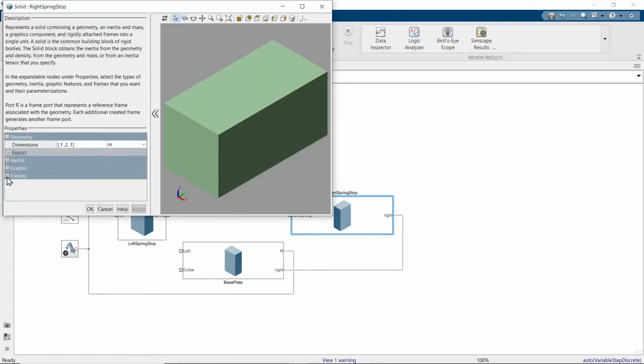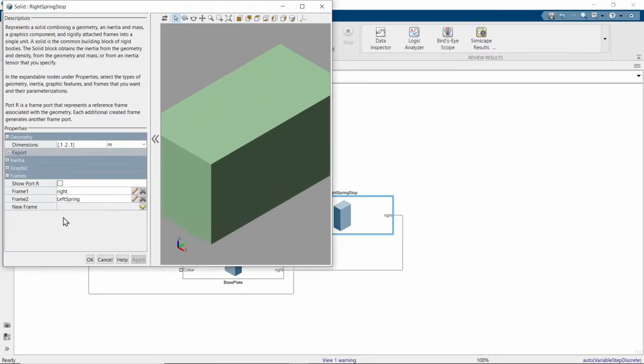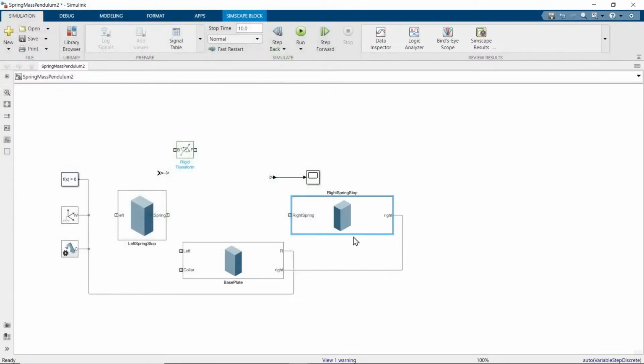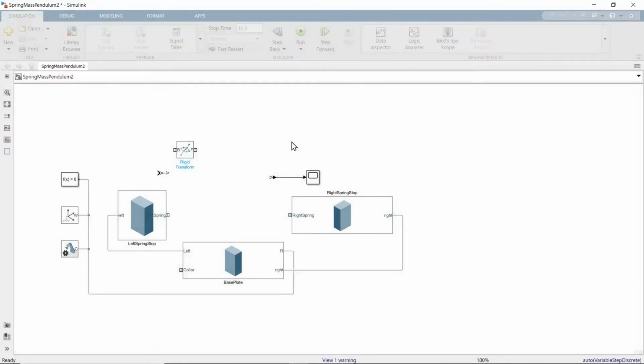And rename this frame from left spring to right spring. Right spring. F5. Apply. Okay. Now we connect this to the left frame and run that, see what it looks like.